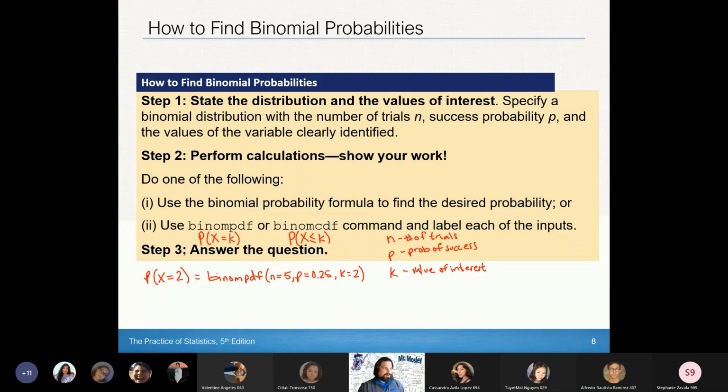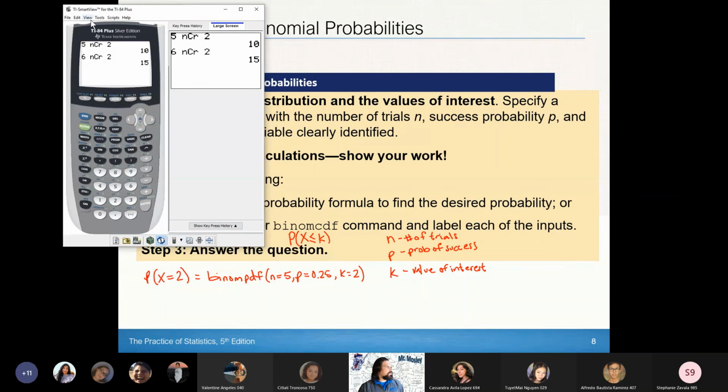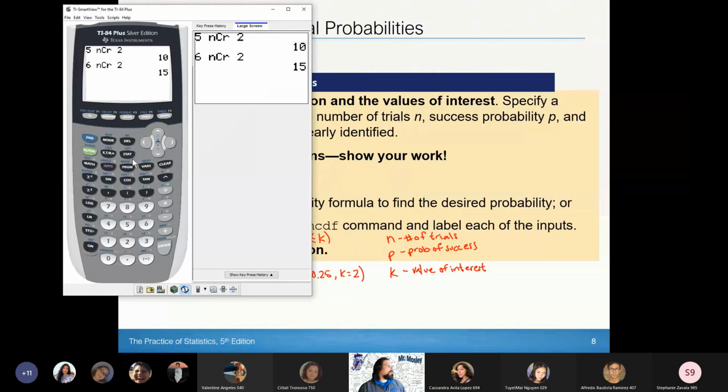All right, so now that we know what this statement means, this is where we do it in our calculator. Okay, so let's make this a little bigger. In your calculator, you'll have to press second and then vars, which above it says distributions.